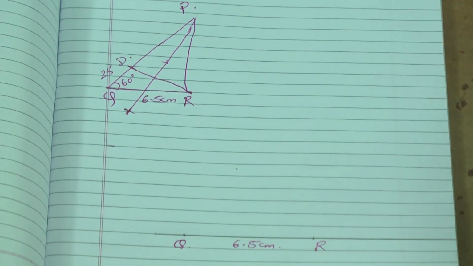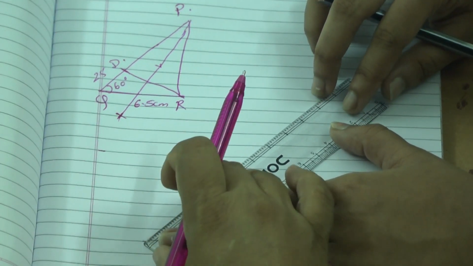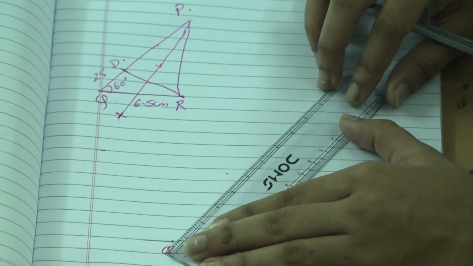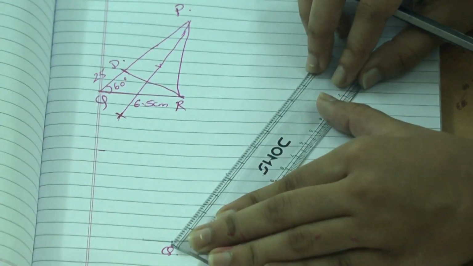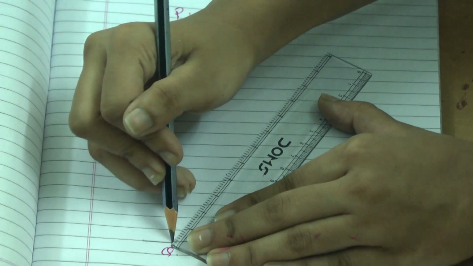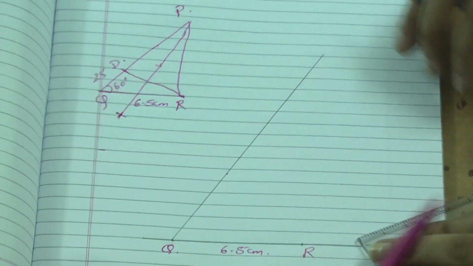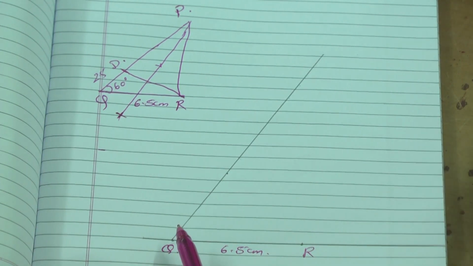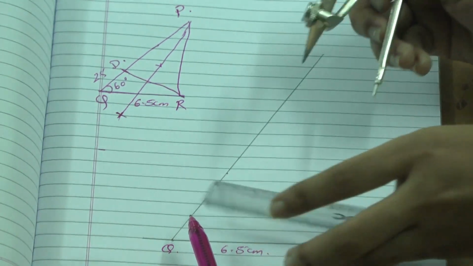Draw the line which will join the point which is located by us for 60 degree. Up to there, draw the line, large line. Yes. Okay. Now take the compass and measure 2.5 centimeter.